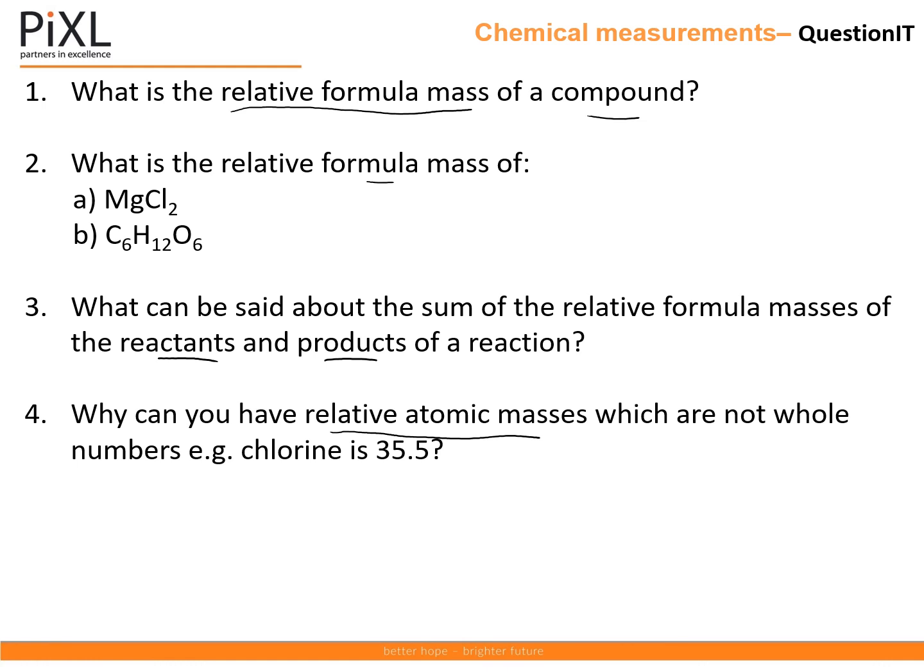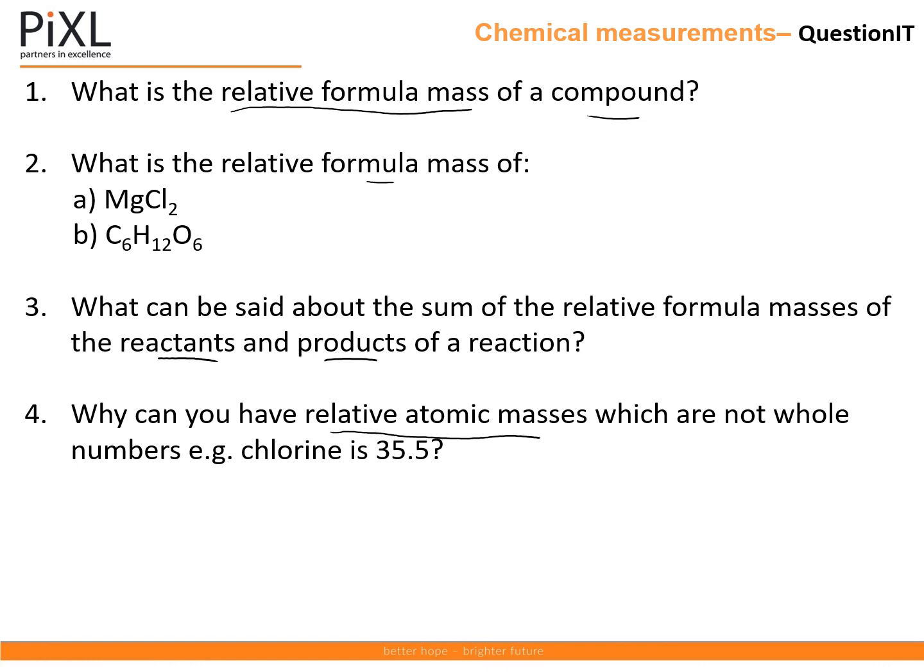When we're doing a relative formula mass, we call it relative because we're taking an average of all the elements in that formula. So you then need to look at your periodic table to get the numbers to calculate, and you're looking at the relative mass number. For example, magnesium is 24, chlorine 35.5, and so on.